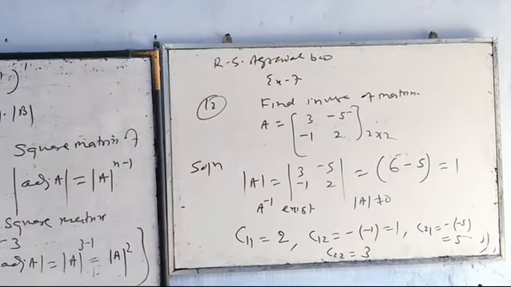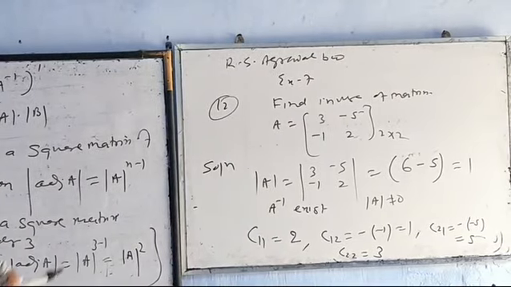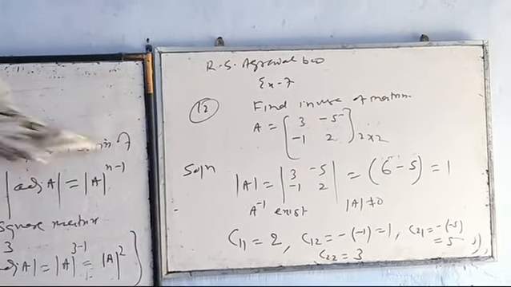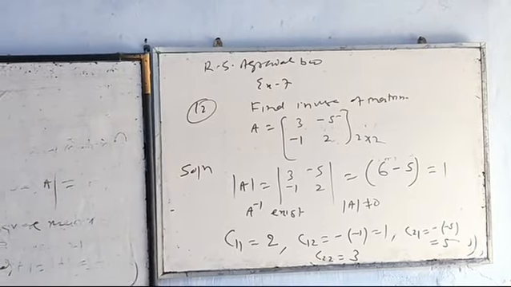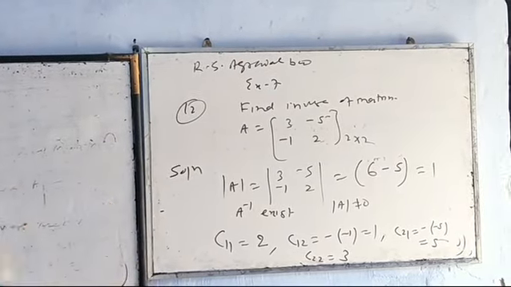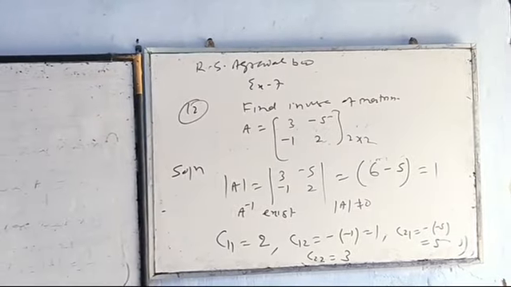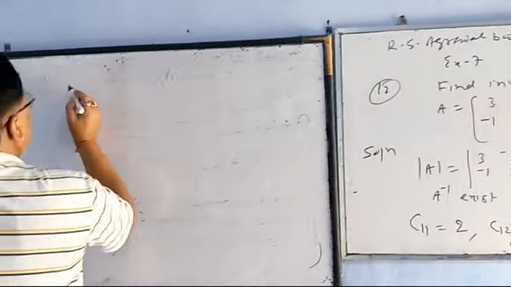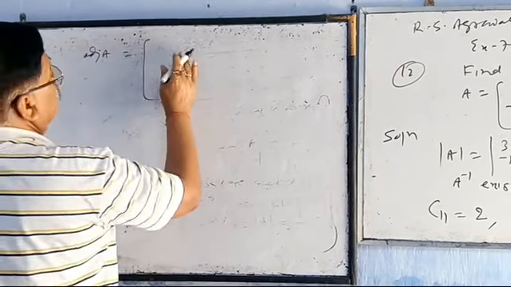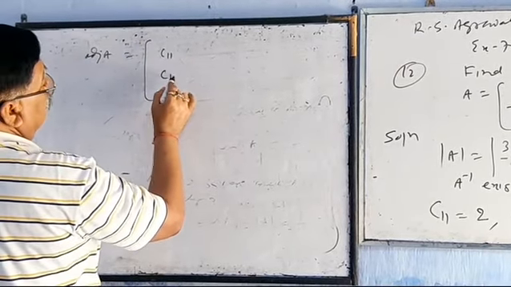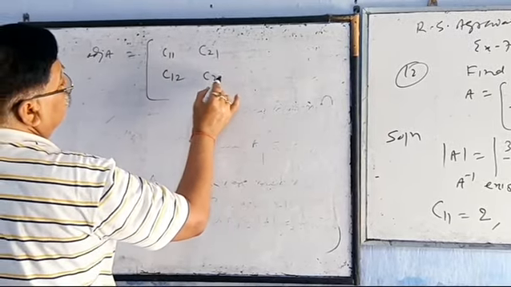Now we find the adjoint of the matrix. Adjoint A is equal to C1 1, C1 2, C2 1, C2 2.